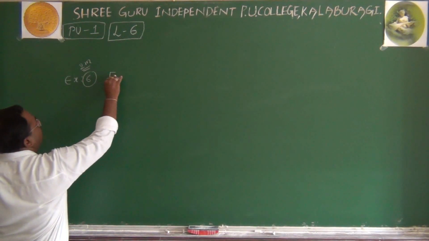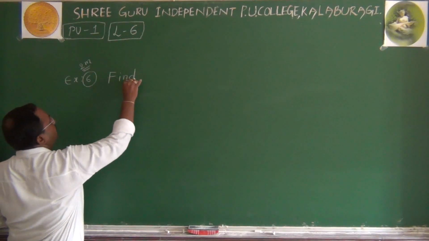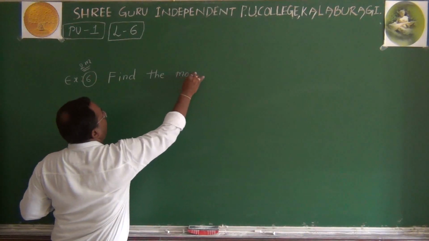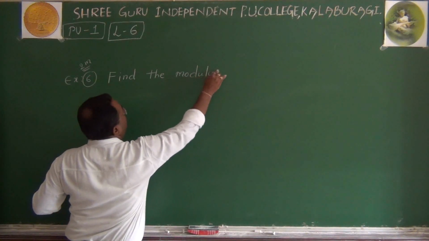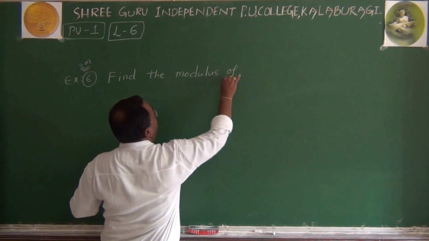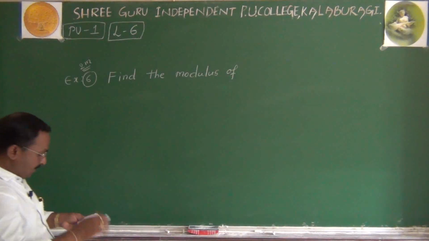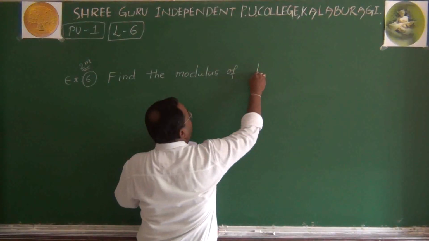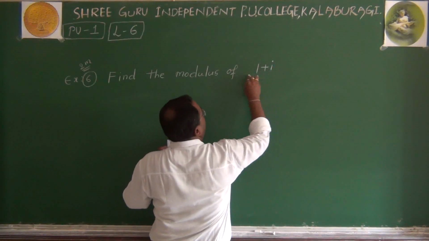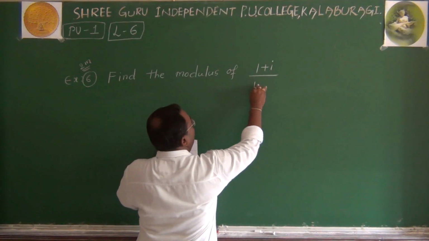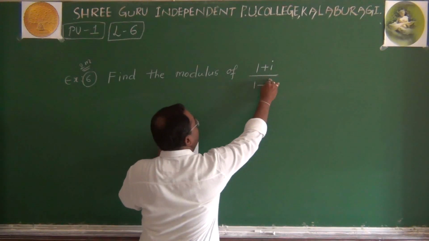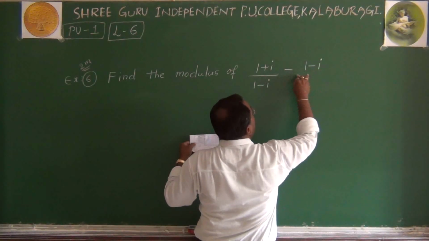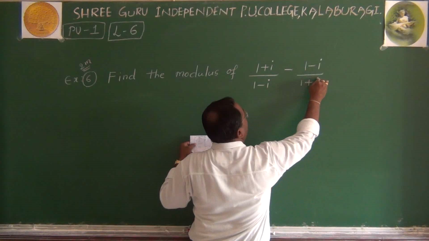Find the modulus of 1 plus i divided by 1 minus i, minus 1 minus i divided by 1 plus i.